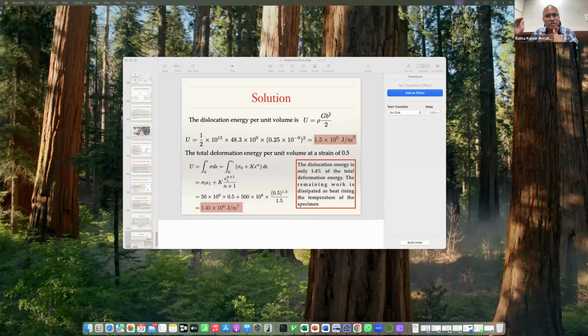We have seen that as we reduce the grain size, the yield strength of the material increases, and that is the mechanism used in strengthening nanocrystalline materials. Then we also talked about solid solution strengthening, and any other foreign material sitting in the crystal will offer resistance to the dislocation motion, and that increases the strength of the material.